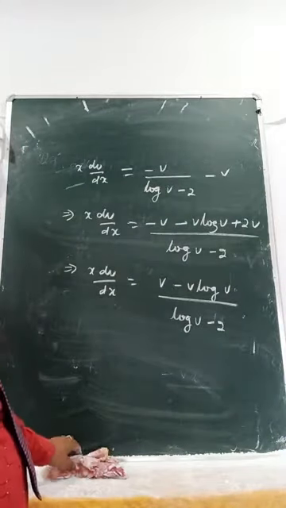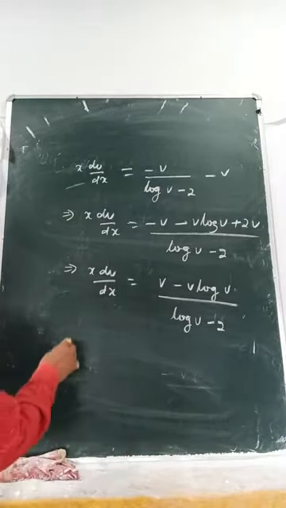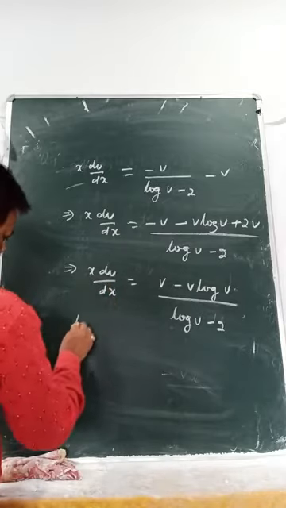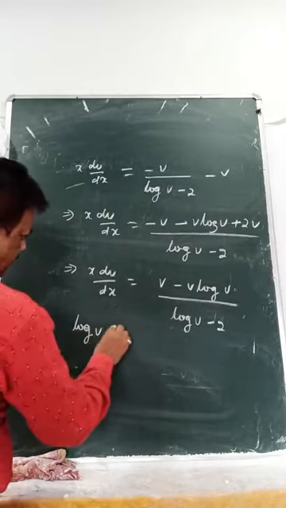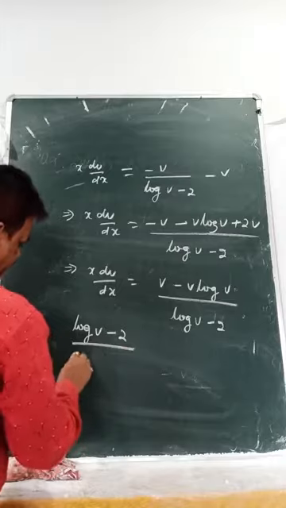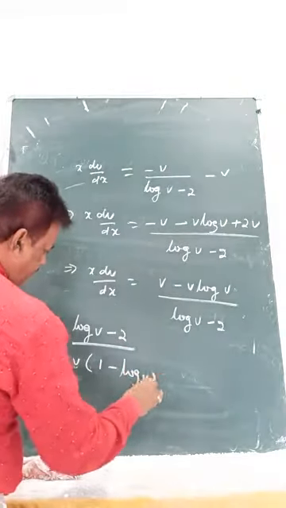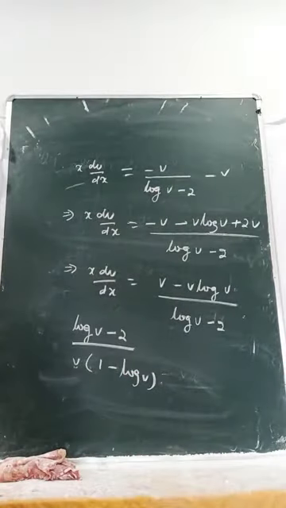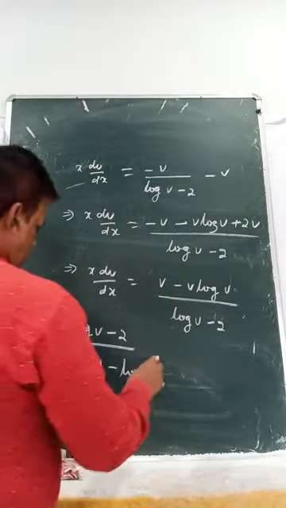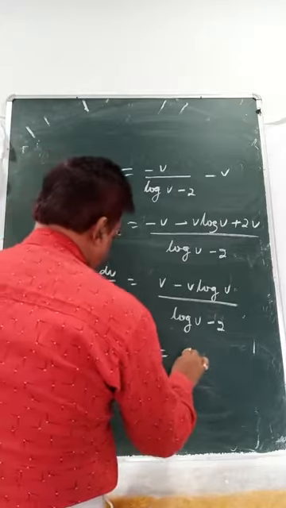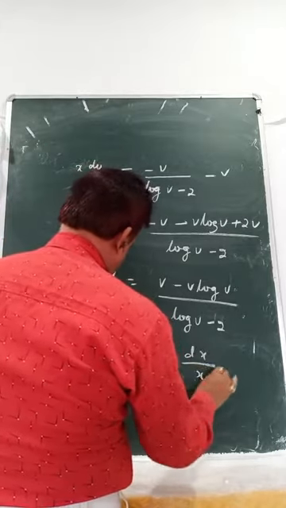Okay, then this will go up: (log v minus 2) by v common (1 minus log v) equals dx by x.